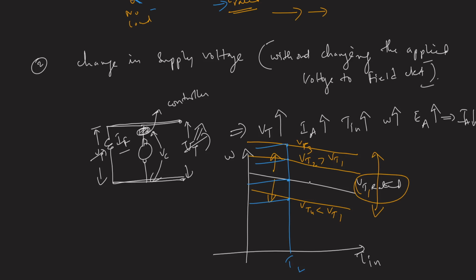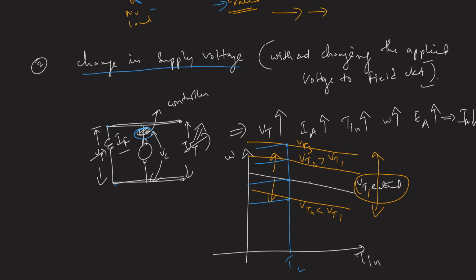But the only thing is I need to have an extra controller with which I can alter the applied voltage to the armature, but not to the field circuit. Field circuit voltage should remain the same. Okay, so this is the other way, right?